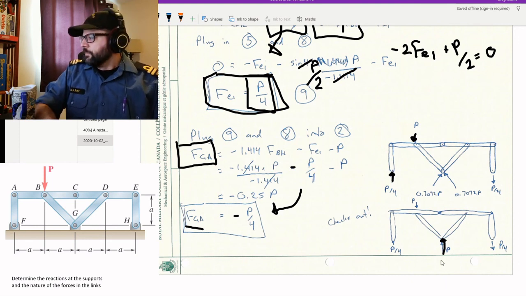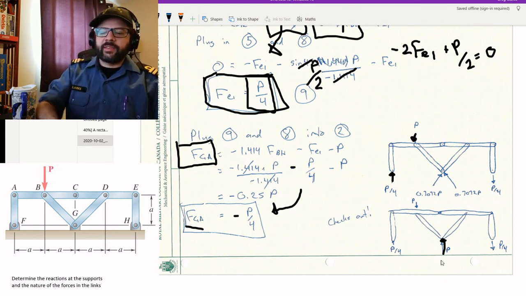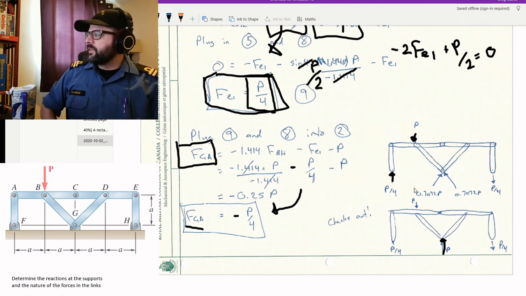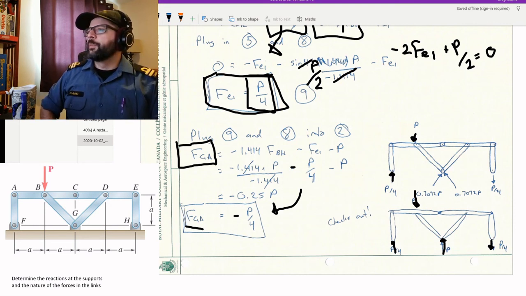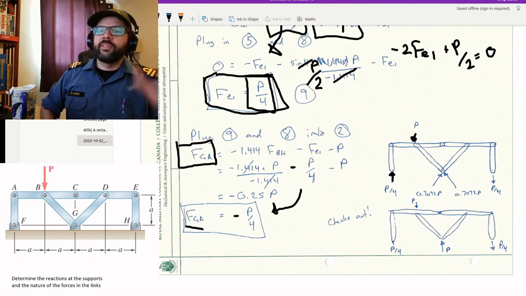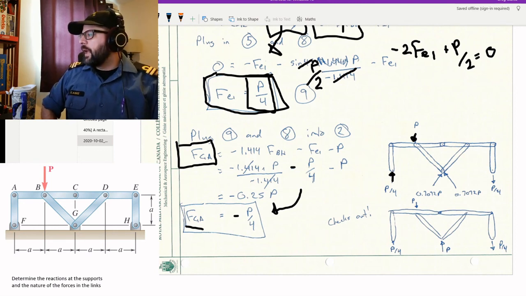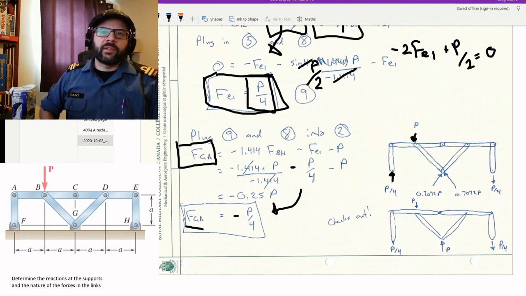So looking at this at a glance, we've got a downward force P, an upward force P, and then a P over 4 and a minus P over 4. So from the perspective of the y forces, that balances out. The other thing we might want to do to see if it works out is take a moment about the middle here.